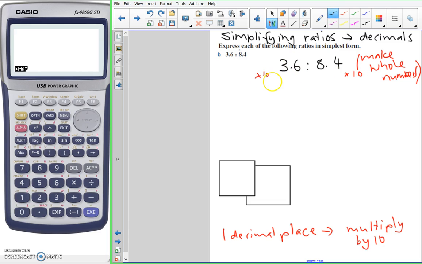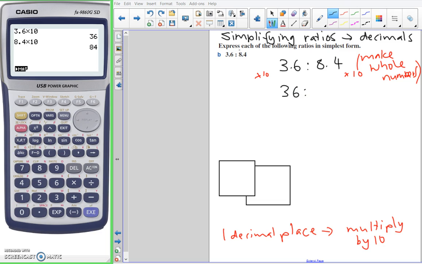So 3.6 times 10, put it into your calculator, gives you 36. 8.4 in the calculator. I'm happy if you use the calculator here. 84. Alright, so from there we now simplify, so we need to find a number that can both be divided by. It's a bit of trial and error. Have a look at what multiples 36 have and what 84 have.